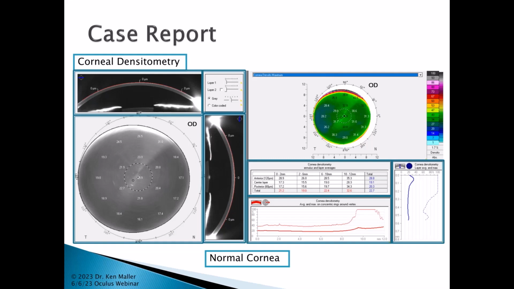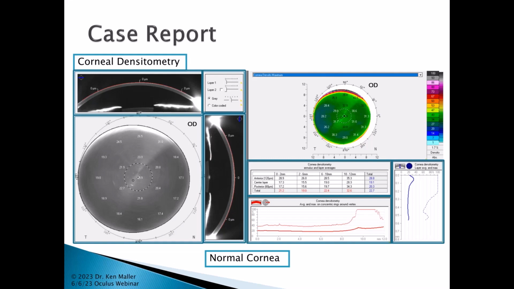That's poked up a little bit toward 100%. And then we can also see on the lower portion of that, the sum total of the averages of each of those concentric rings.